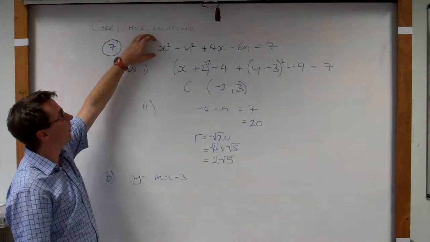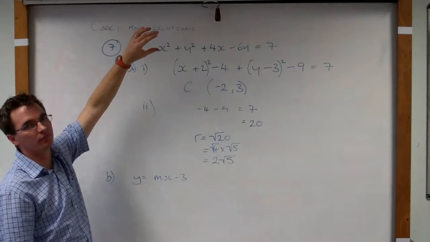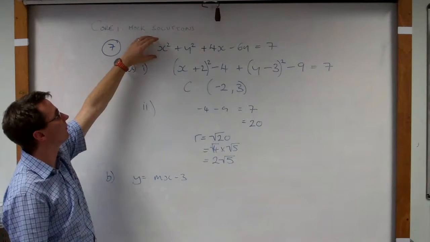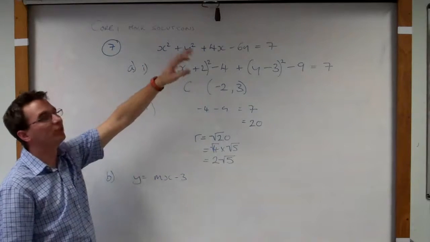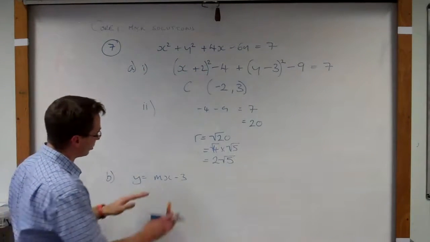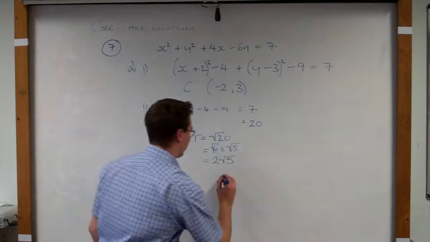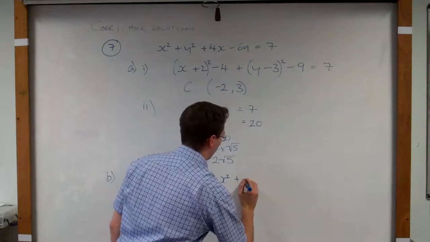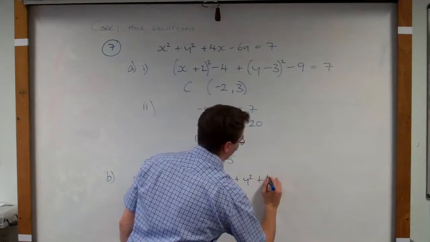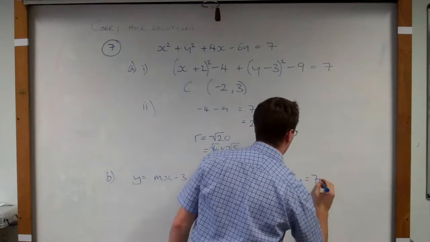If I choose this one, first off I know it's 100% right. Yeah, it's the original in the question. Second, I'm not having to expand brackets or worry too much about that. So I'm going to go with subbing this into the original: x squared plus y squared plus 4x minus 6y equals 7.